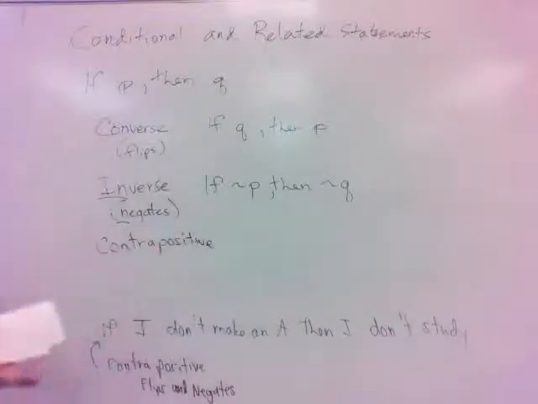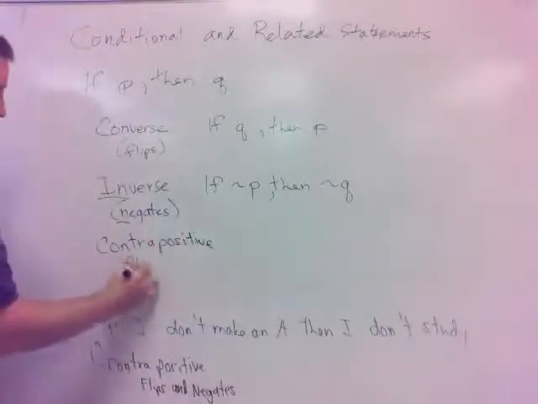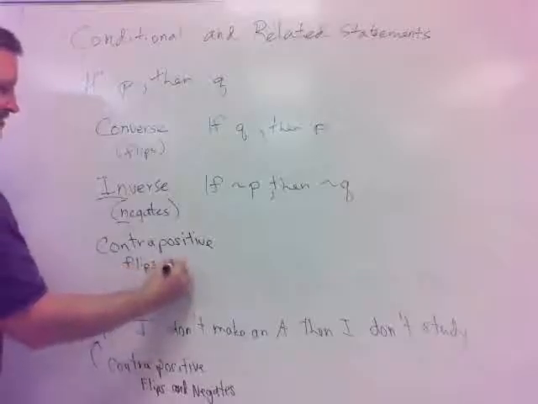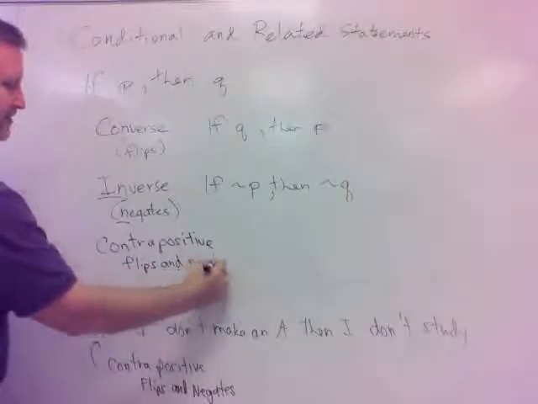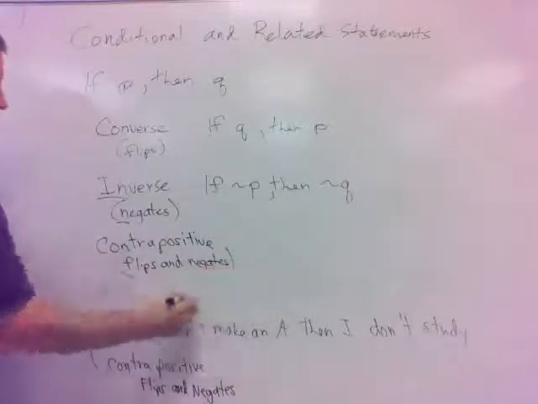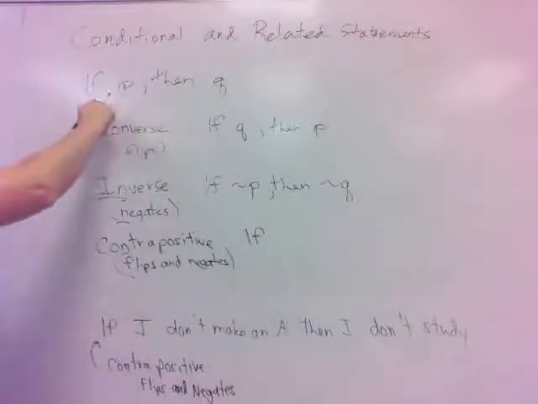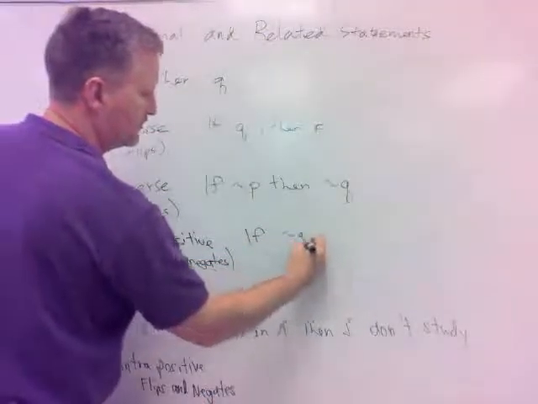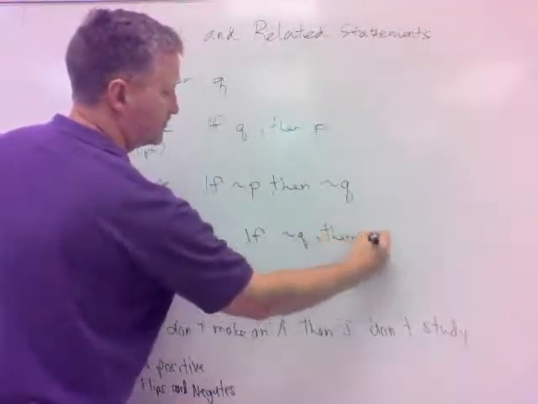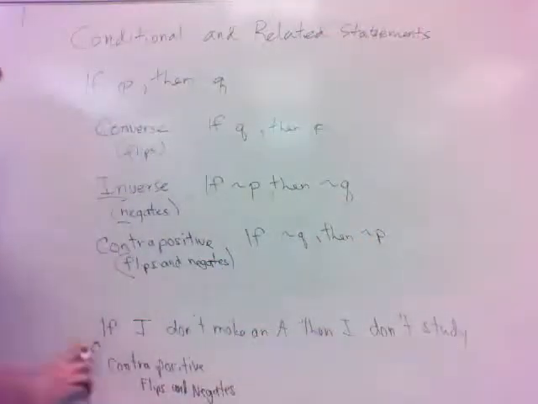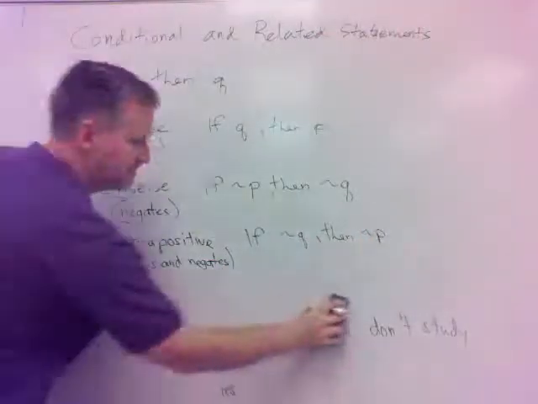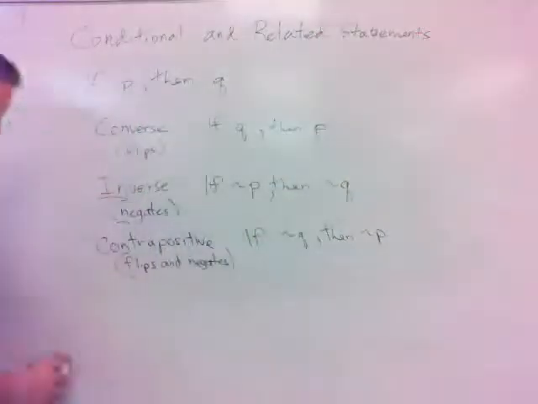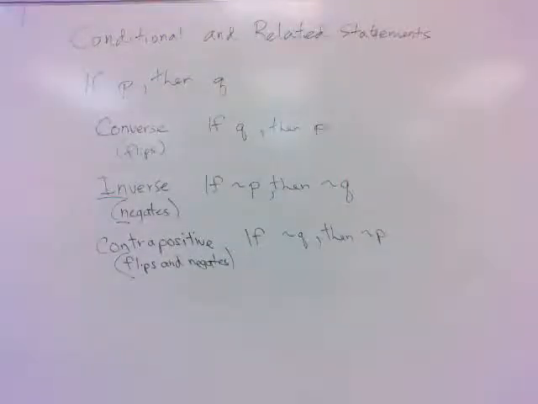It does both things. It flips and negates. So with this statement, it's if not Q, then not P. So that's our summary of those things. Okay? So it'll ask you to do the converse, inverse and contrapositive of several statements in the homework.